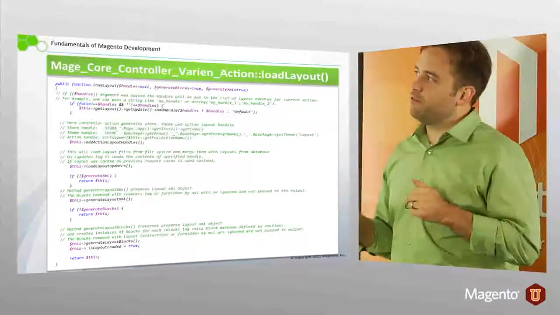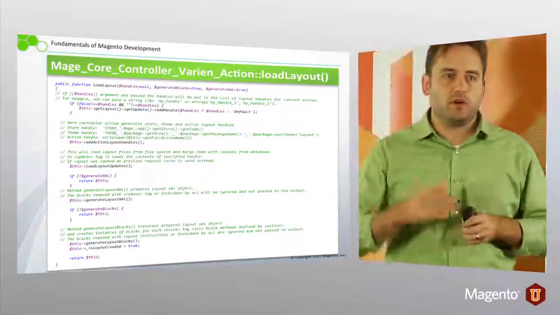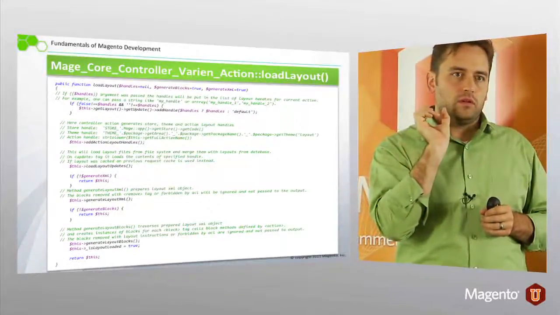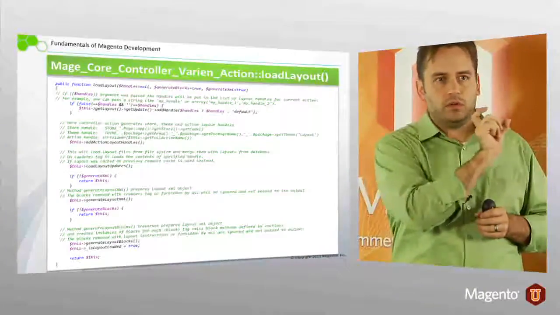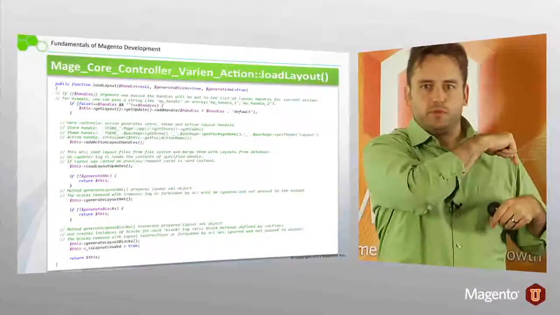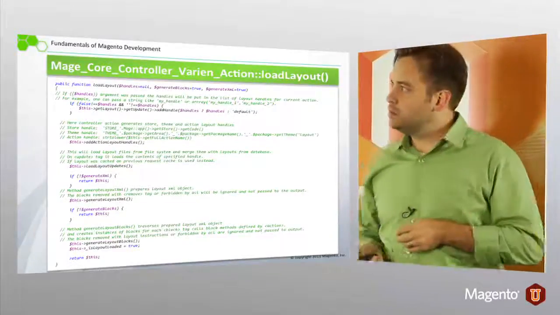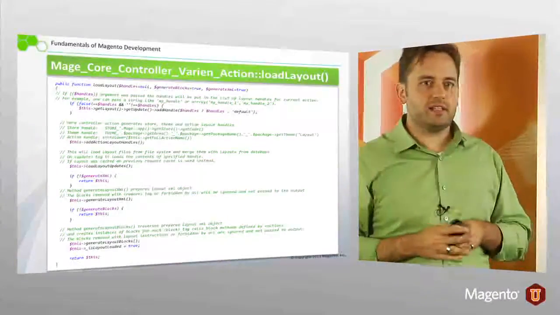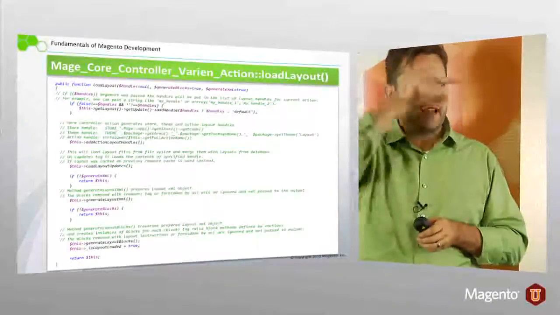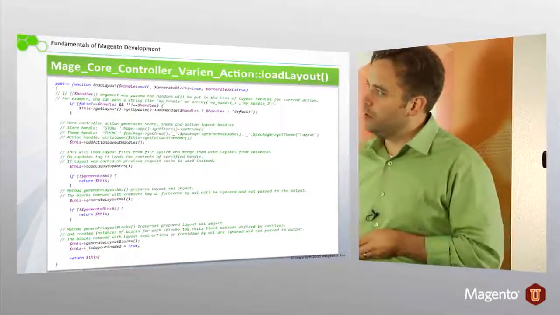Okay? Get full action name will normally take your module, controller, and action, and put underscores between them. For that body class, we'll just pass in a dash here, and that's why the body class has dashes separating those. All right?